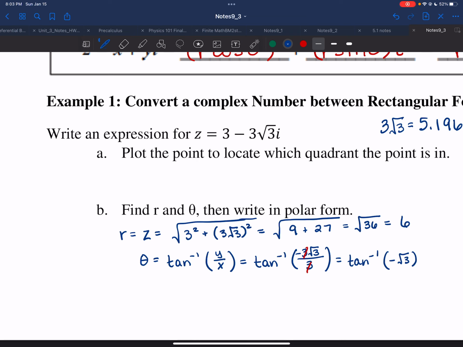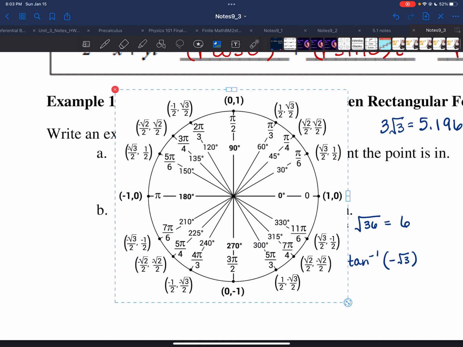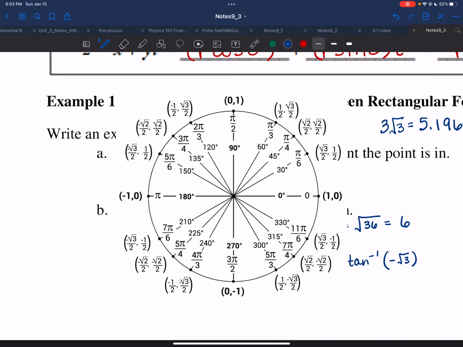And I've seen that before. In fact, I should have a unit circle here that I can pull up. There we go. On my unit circle, I can tell that if I take my y value over my x value, this would end up being negative square root of 3 over 1, because the 2s are going to cancel out. So this is actually 5 pi over 3.